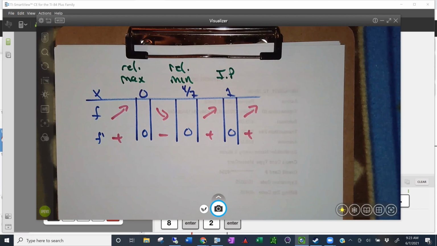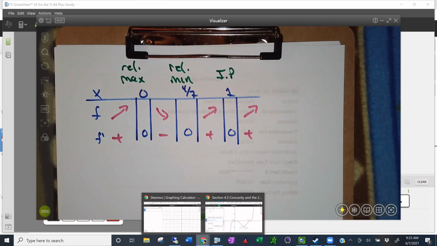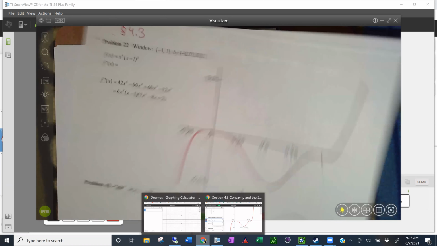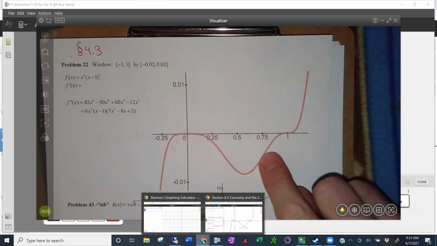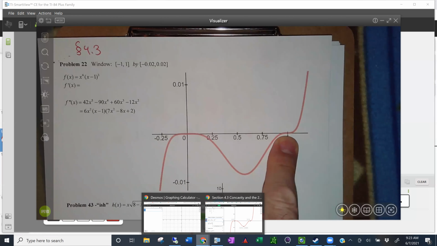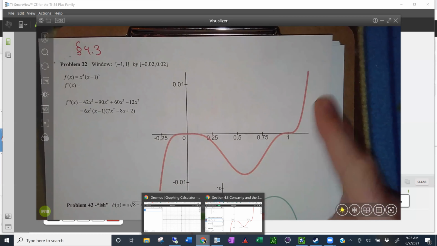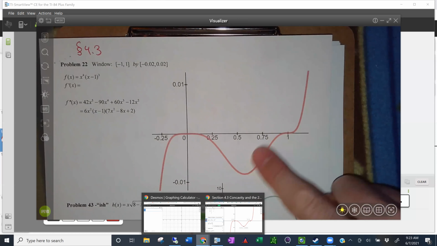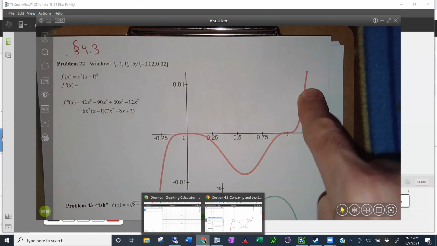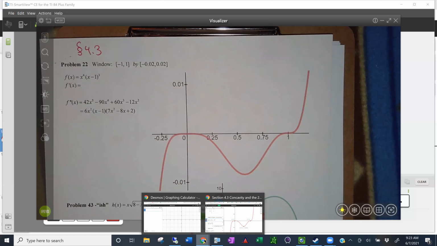And let me look at the graph here. You see that it was increasing, did a brief pause, and then kept increasing. So it's not a max, it's not a min, it's neither. But the shape of the graph went from concave down to concave up. And we should see that when we further test this in the second derivative.